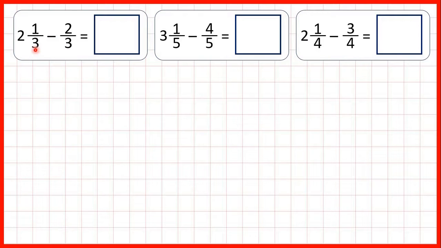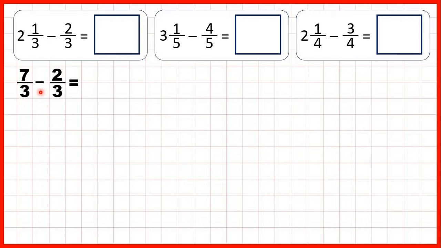To change 2 and 1/3 into an improper fraction, we multiply the whole number by the denominator and then add the numerator. 2 times 3 is 6, and then 6 plus 1 is 7. So the denominator of our improper fraction stays the same, and that means that 2 and 1/3 is the same as 7/3. So now we're subtracting 2/3.